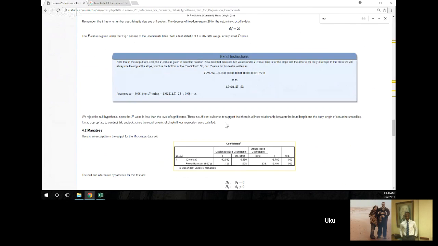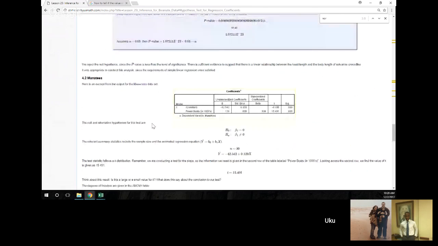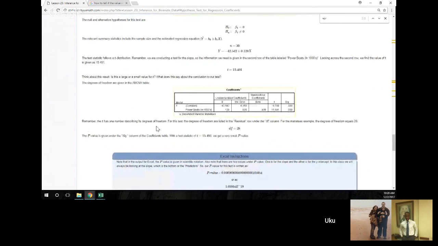There is sufficient evidence to suggest that there is a linear relationship between the head and the bottom. Okay, so that's good, but if there is insufficient evidence, I want to see how to write it. We'll just put insufficient there.